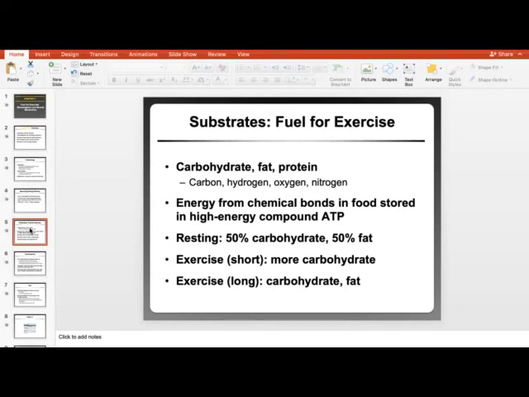And your body wants to save the carbohydrate for later because it knows that during short bouts of exercise or even longer bouts of exercise, your body's going to want to use the carbohydrate. So the more physically fit you are as well, the more capable your body is of using fat at lower intense exercises and holding on to that carbohydrate stores so that you can do your longer bouts of activity.